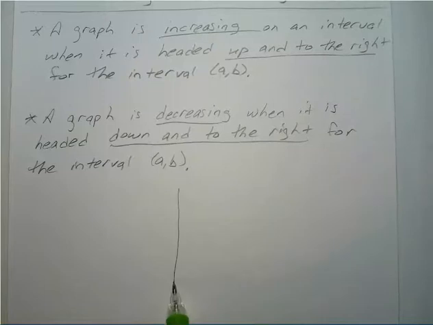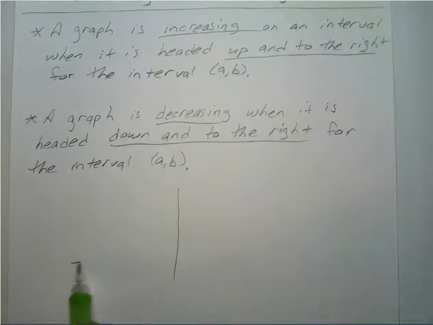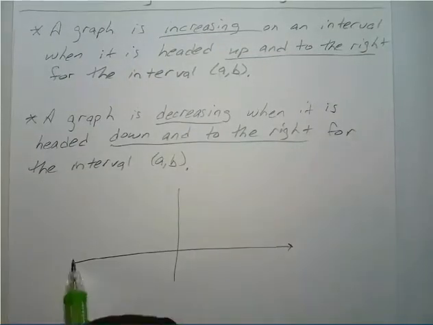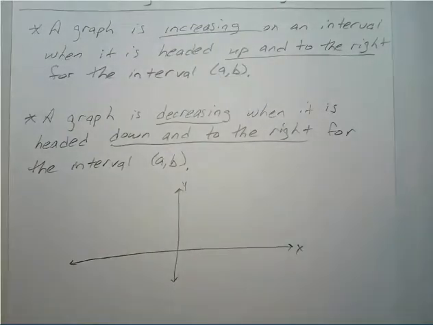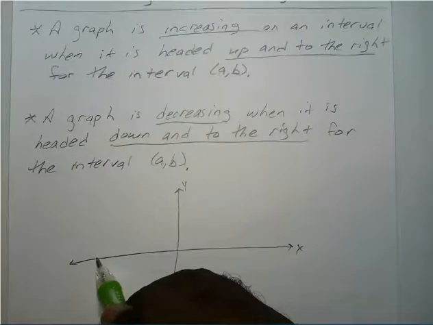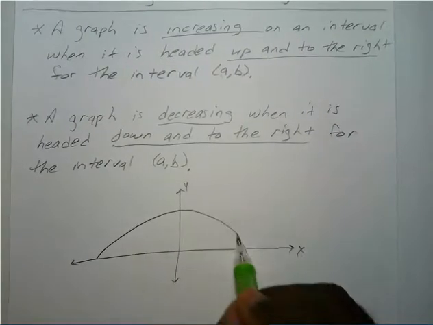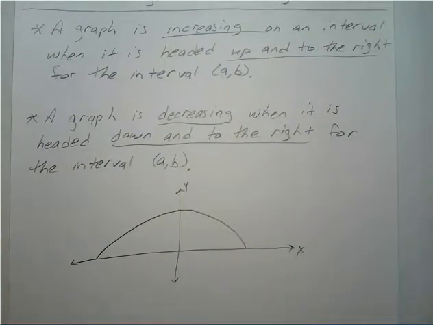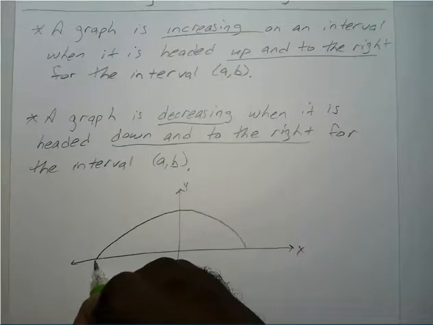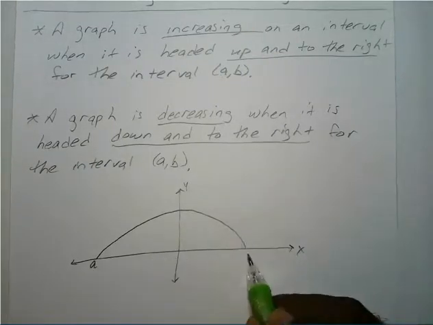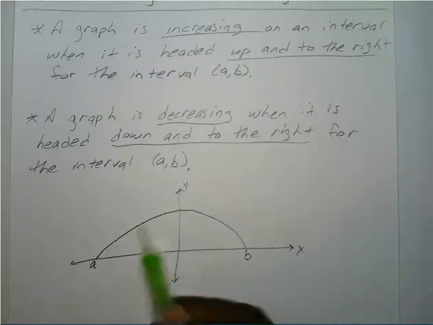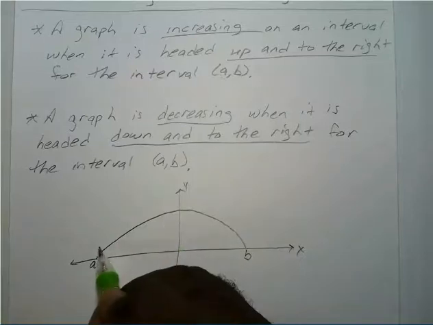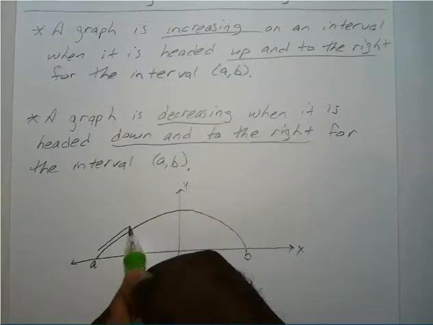Okay, so if we have our XY axis, we have our X and we have our Y. So let's say we have a graph that looks kind of like this, where it starts here at A and it ends here at B. Okay, so you notice for this portion of the graph, it goes up and to the right.